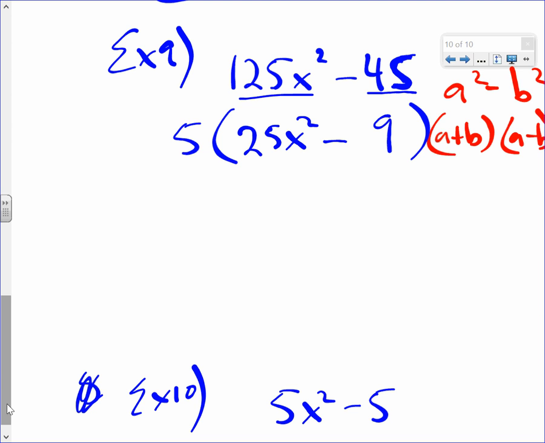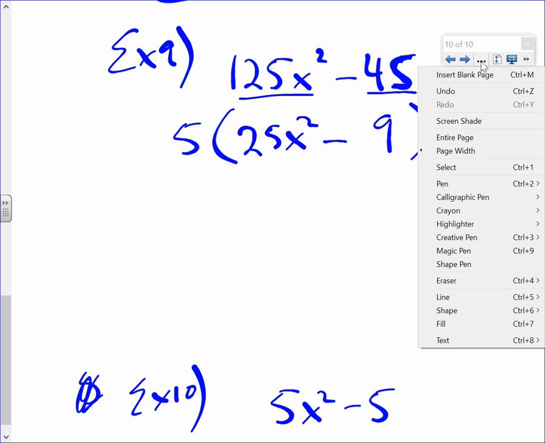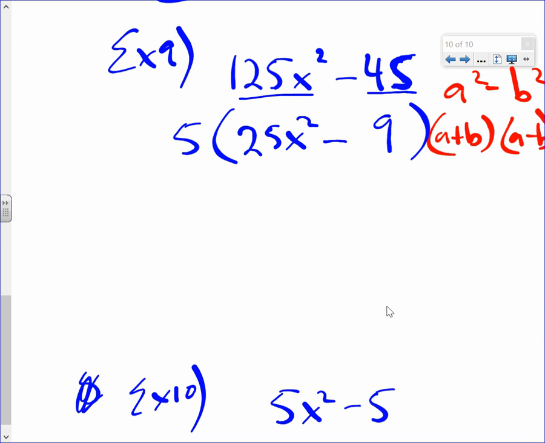The question now is can it follow a difference of two squares pattern, a squared minus b squared? Do we have something like this going on inside the binomial only? What goes on the first one, Ms. Torres? 5x.